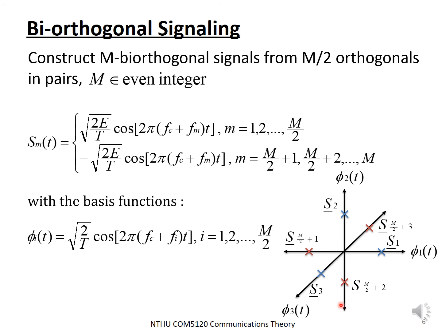In this way we can double the number of symbols, so we can use fewer bases and reduce the signal space to support M symbols.